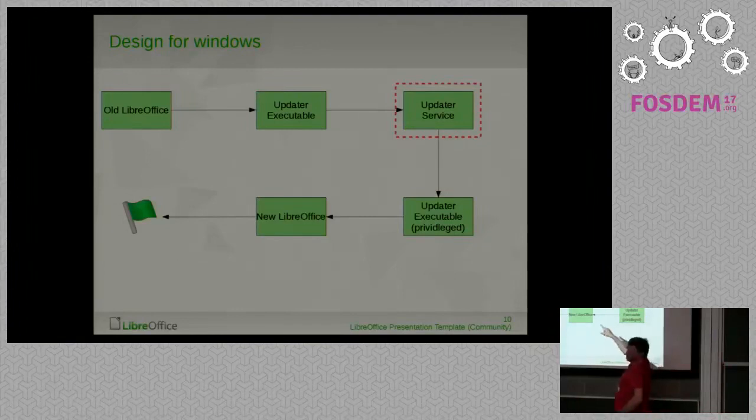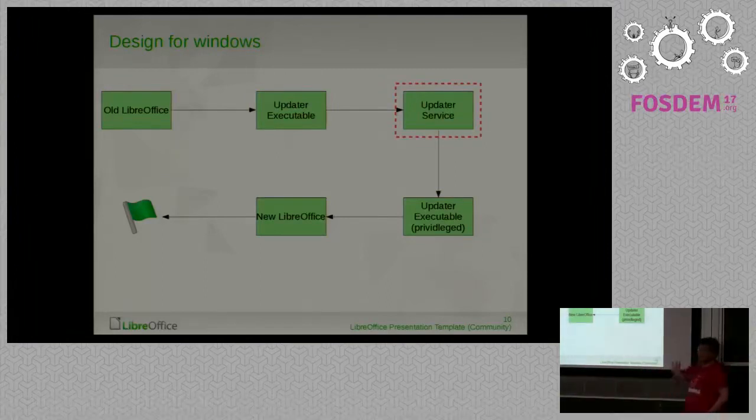But the problem is that this process is still a normal user process, and the LibreOffice instance is normally stored in a system folder, so we can't change that LibreOffice process. The solution that Mozilla has developed, and I think a few other update services use, is to have a Windows service that is installed during the installation, and that's a system user.